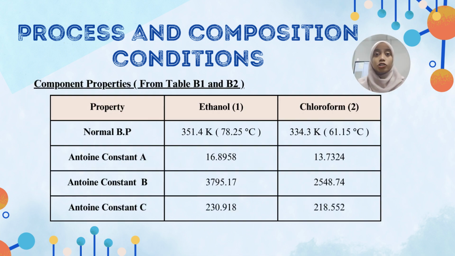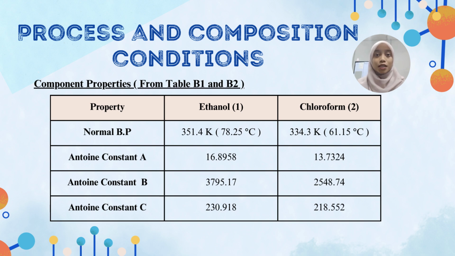Next, this slide shows the physical properties of ethanol and chloroform used in our calculations. Ethanol has a normal boiling point of 78.25 degrees Celsius, while chloroform boils at 61.15 degrees Celsius.